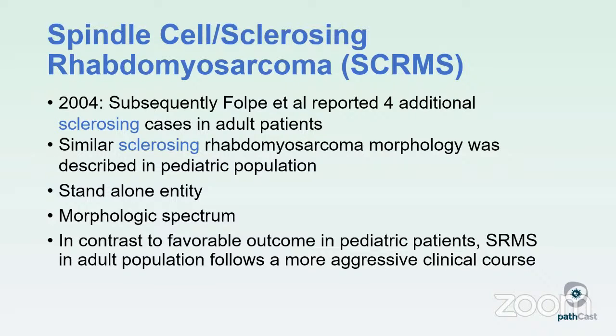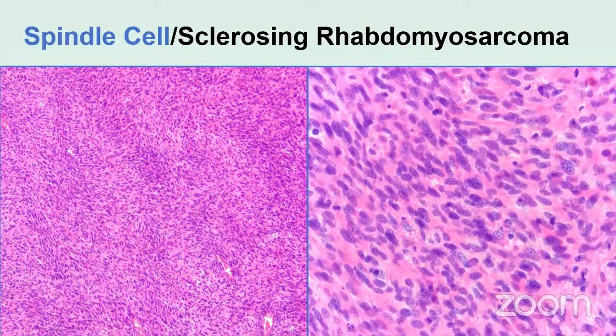We now know that it occurs in both pediatric and adult population. Now it's a standalone entity. And in contrast to favorable outcome in pediatric patients, spindle rhabdomyosarcomas in adult population follow a more aggressive clinical course. This is an example of a spindle cell variant of rhabdomyosarcoma.